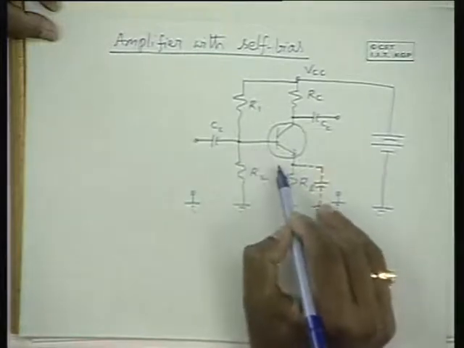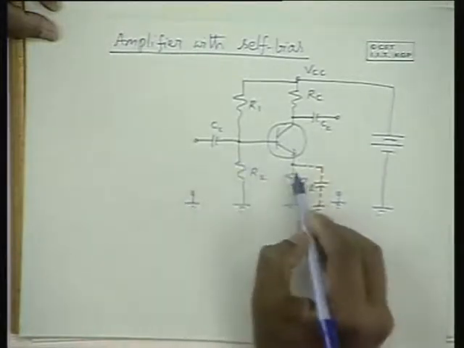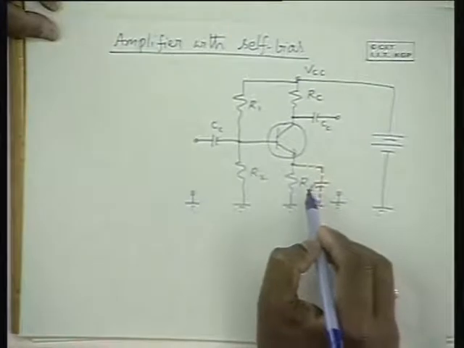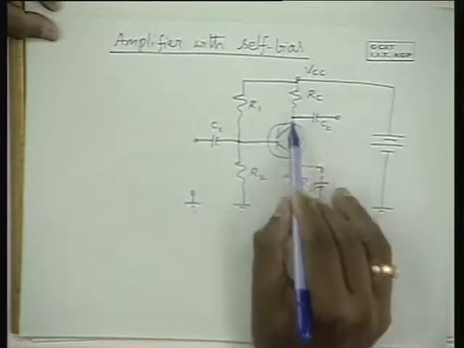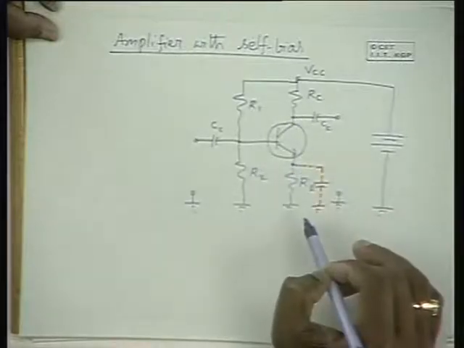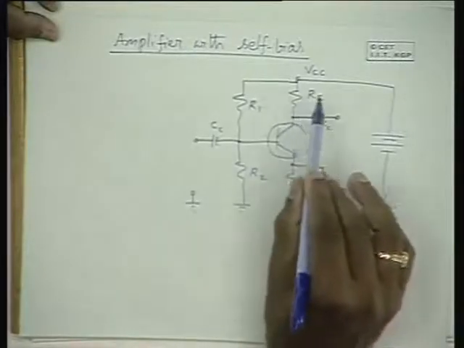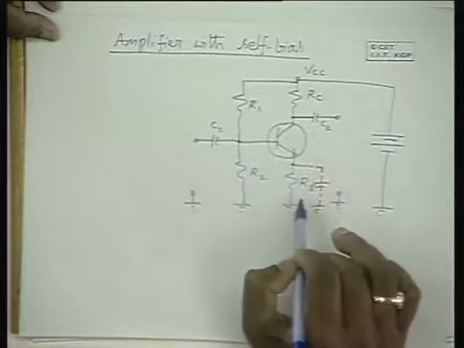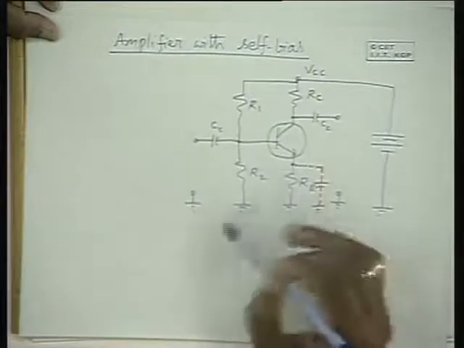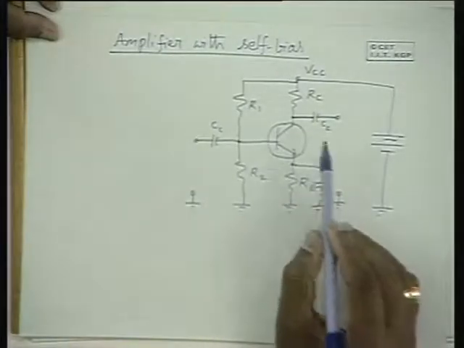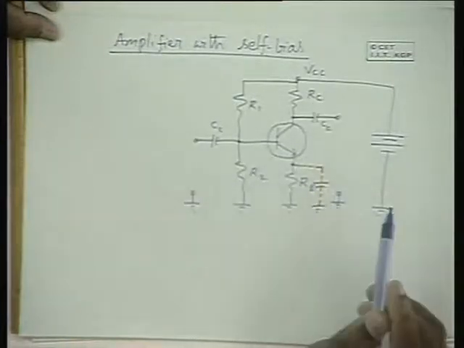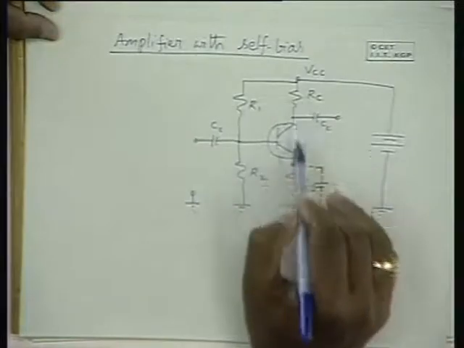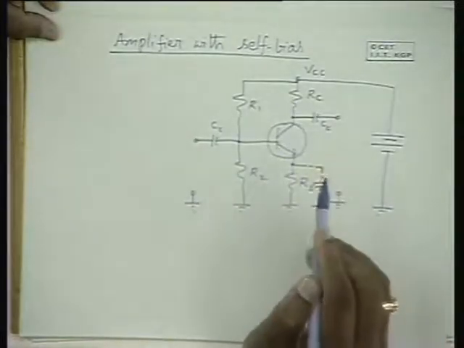If the base-emitter voltage is negligible, the input voltage gets dropped across RE totally. Since the output current and the current through RE are almost the same, the output voltage is proportional to RC and the input voltage is proportional to RE with almost the same proportionality constant, and therefore the voltage gain is RC by RE with a negative sign, because the current flowing direction is opposite here.